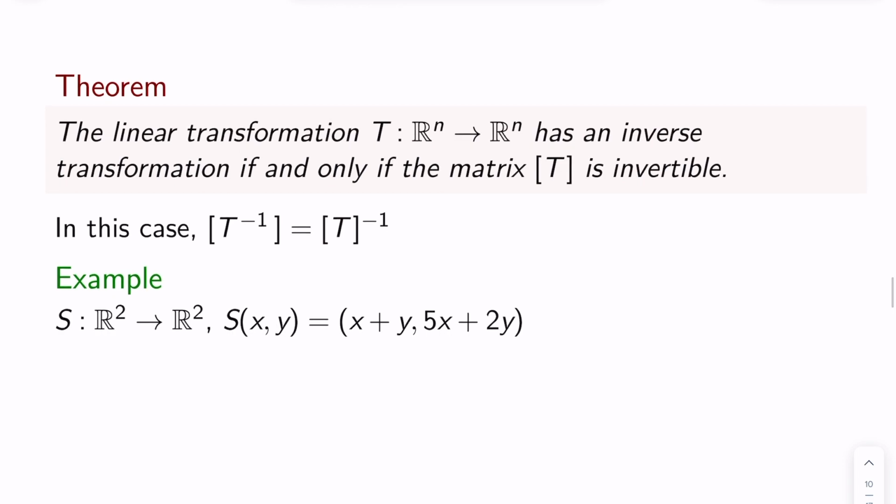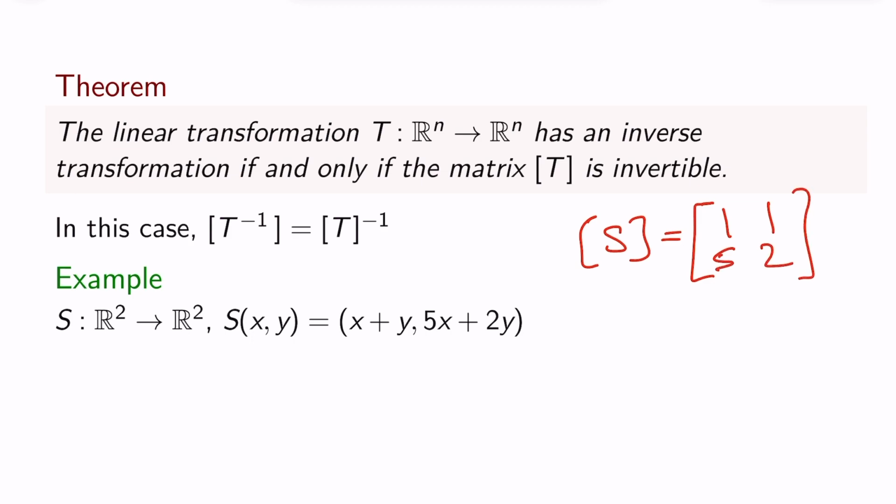So, for example, let's consider this transformation S that goes from R2 to R2, and let's check first if this transformation has an inverse or not. So for that, we need to know if the matrix is invertible. Well, we already have the matrix associated to this transformation: the matrix 1, 1, 5, 2.